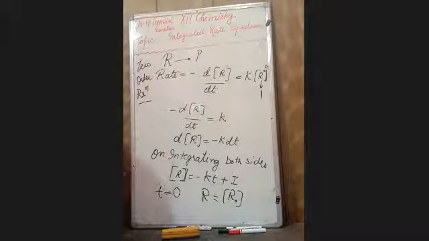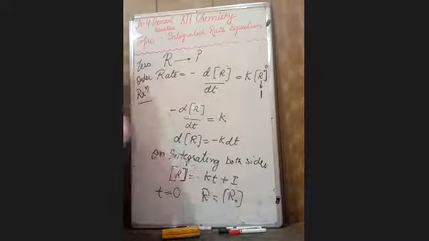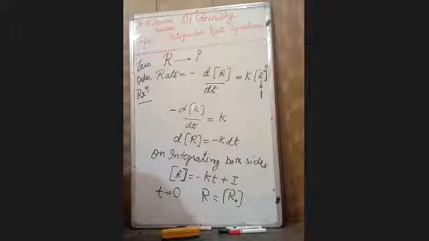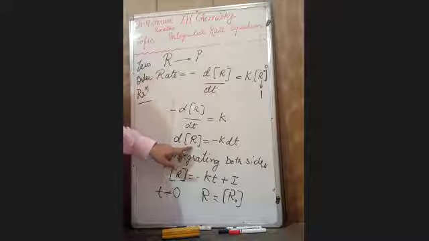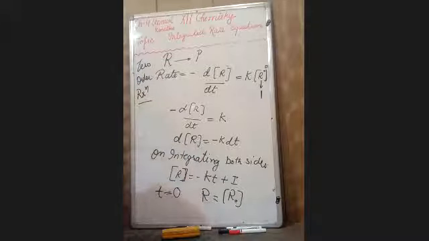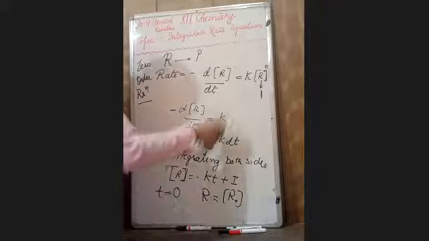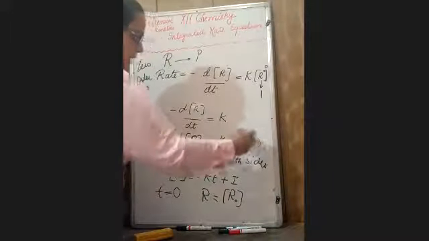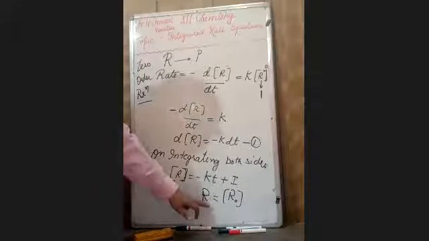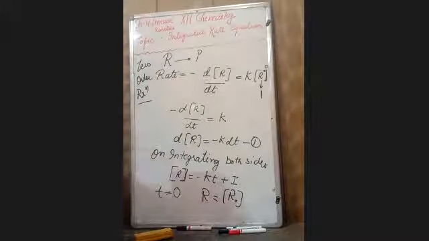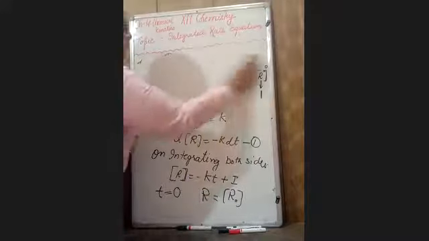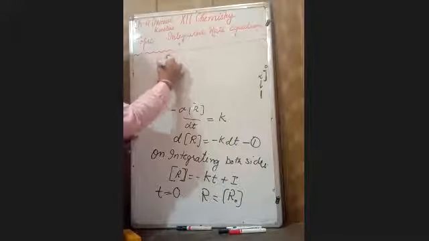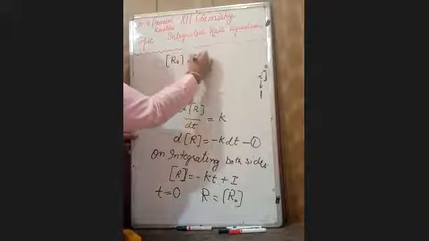Now, substituting this value here in this equation, R naught is equal to k into t plus I. Suppose this is equation number 1. Put this value in this equation.